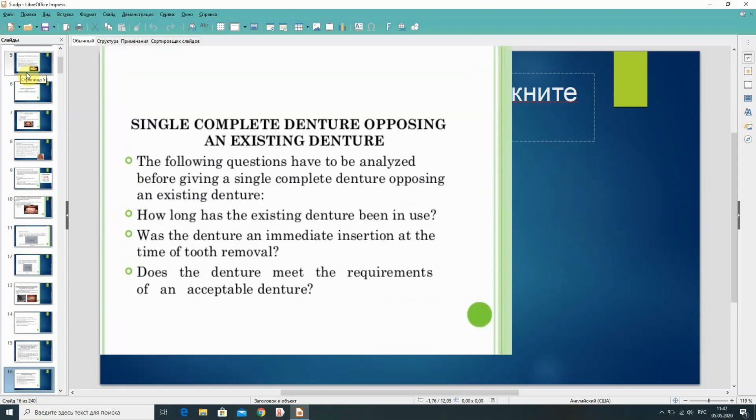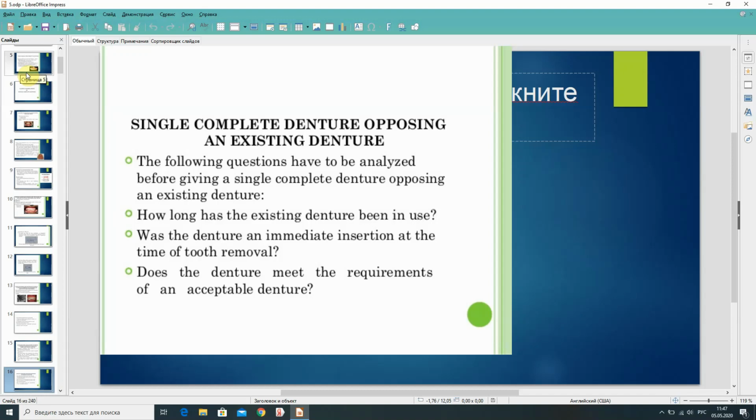Single complete denture opposing an existing denture. The following questions have to be analyzed before giving a single complete denture opposing an existing denture. How long has the existing denture been in use? Was the denture an immediate insertion at the time of tooth removal?